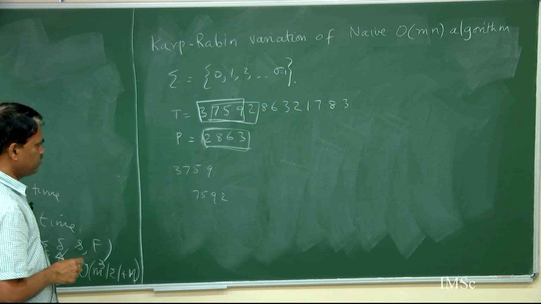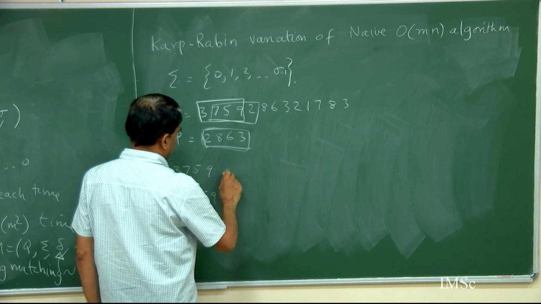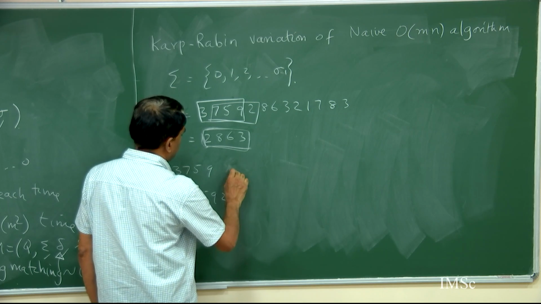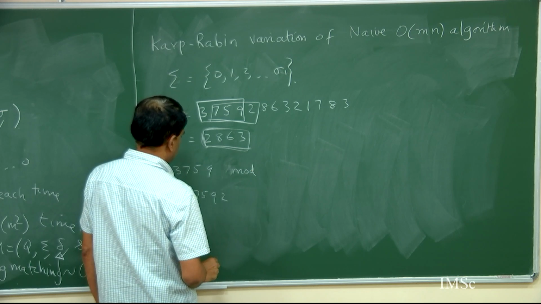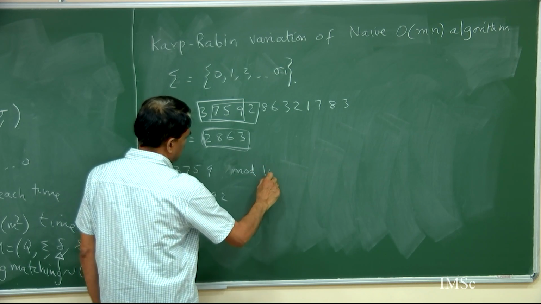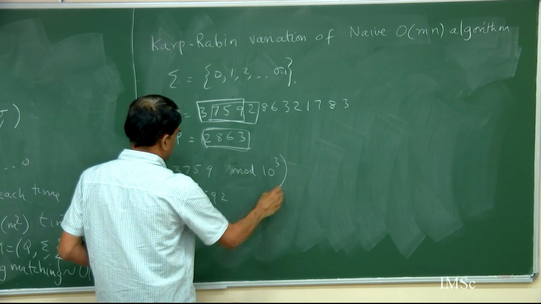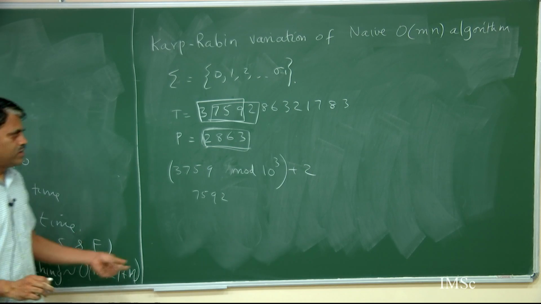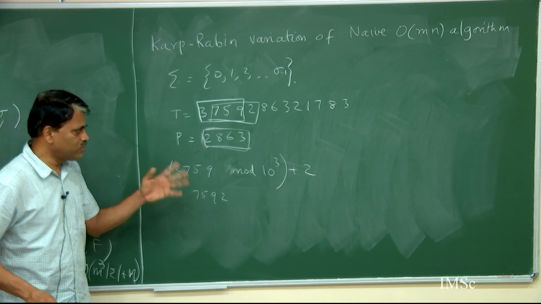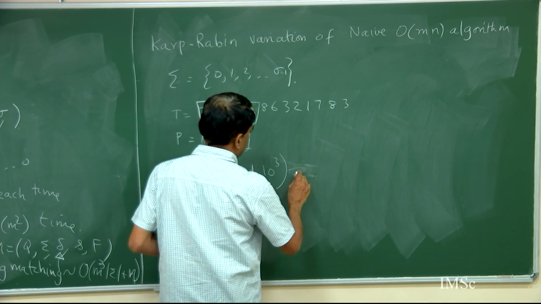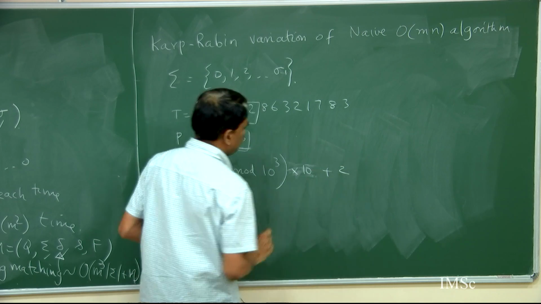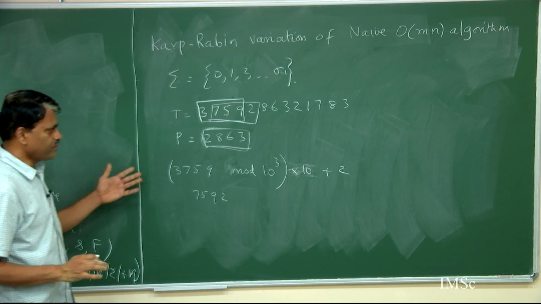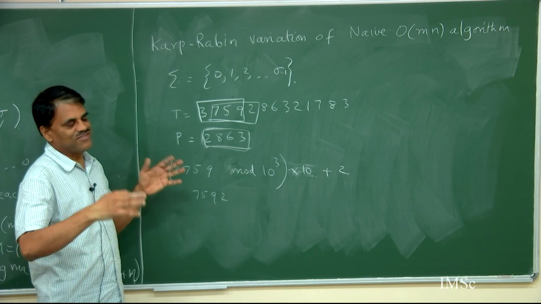So, what do we do? We do a div or take the coefficient mod 1000, okay, 10 cubed, into 10 plus 2. Okay. So, this is a constant time operation again, right?